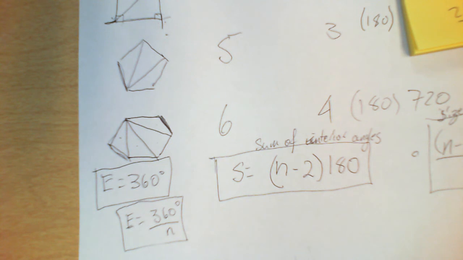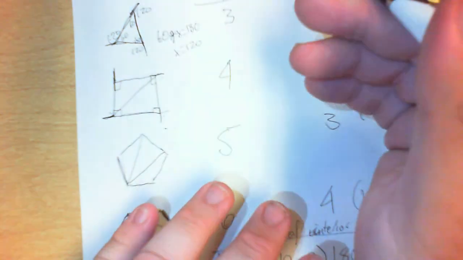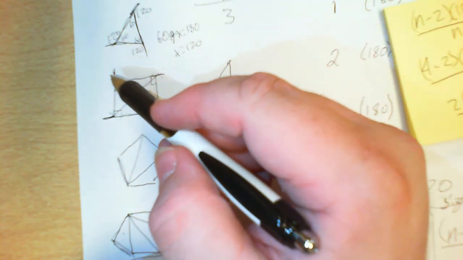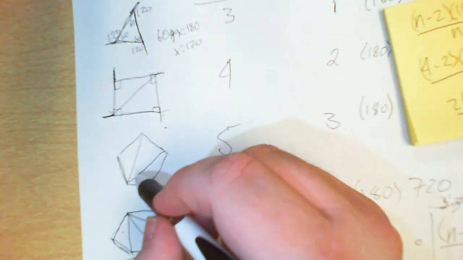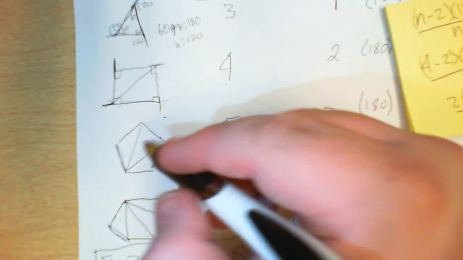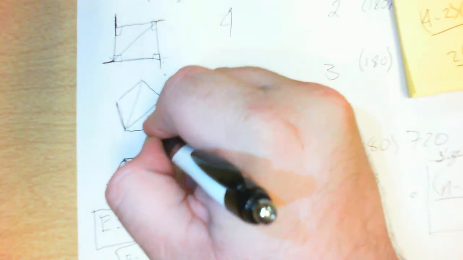No matter what I have, the number of exterior angles is always going to be the same as the number of interior angles, because they're linear pairs. Notice here that the 60 and the 120 equal 180, and the 90 and the 90 equal 180.